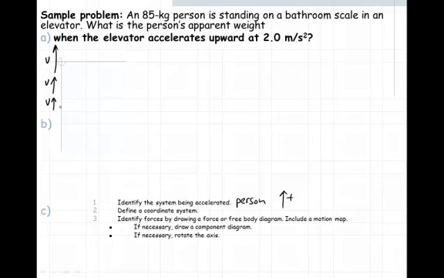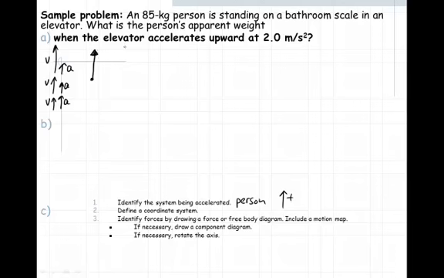So if that's the case, the acceleration has to be upward. Because remember, the acceleration arrows always point in the same direction of the velocity arrows if the velocity arrows are increasing. So if the acceleration arrows are pointing upward, that means for our force diagram, our force pointing upward must be greater than our force pointing downward.